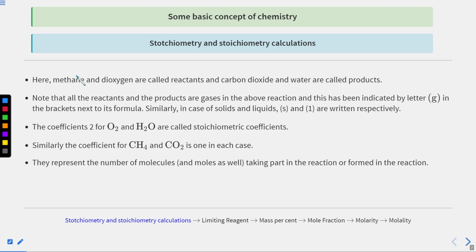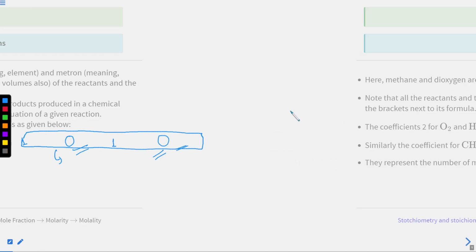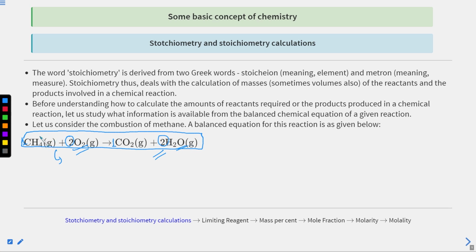Here we have seen that methane and dioxygen are the reactants and carbon dioxide and water are the products. Note that all the reactants and products are gases in the above reaction, and this may be indicated with the help of the letter G. You can see another specification here: these formulas are suffixed with the symbol G in this case, this case and this case.